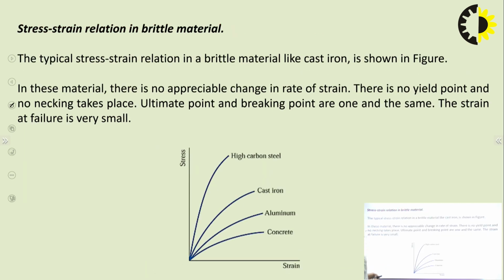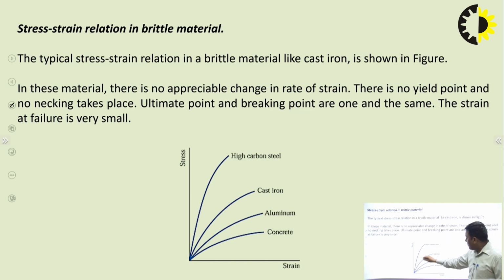Okay. Then the stress strain curve. Just now we talked about the stress strain curve for what? For ductile material. Now I am talking about the stress strain curve for brittle material. High carbon steel, because of the higher carbon content, cast iron, aluminium, concrete, all these are brittle materials. In the stress strain curve of brittle material like cast iron, there is no appreciable change in rate of strain, there is no yield point, no necking takes place.